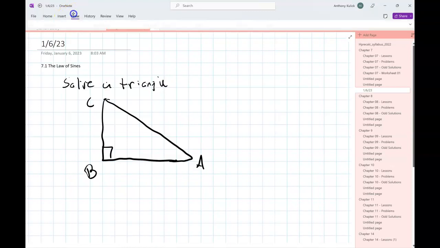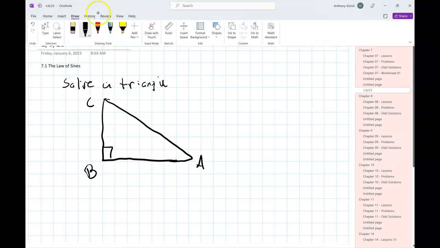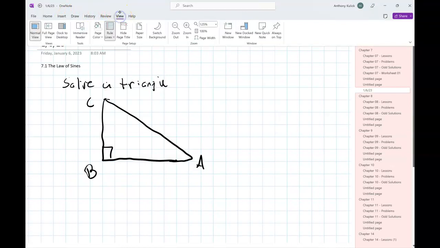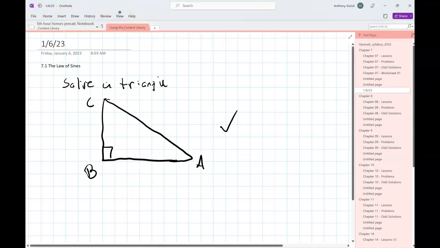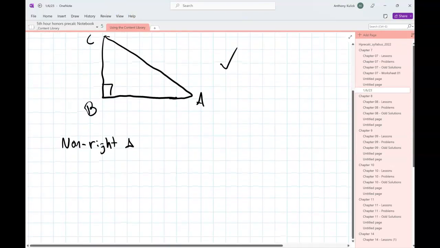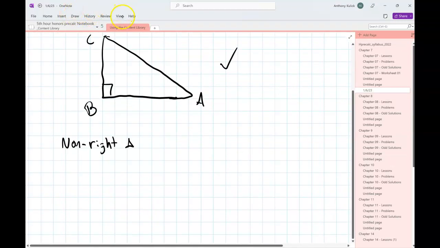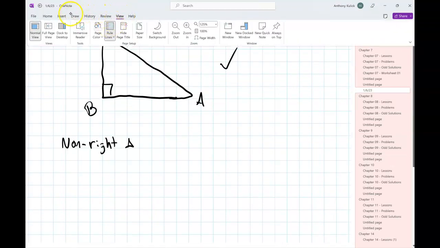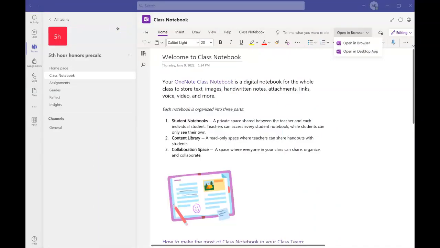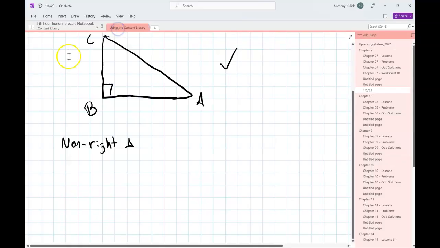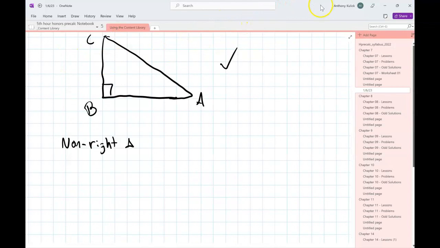Now, what happens if we don't have a right triangle? What could we do there? Well, most of the triangles we encounter are non-right triangles.